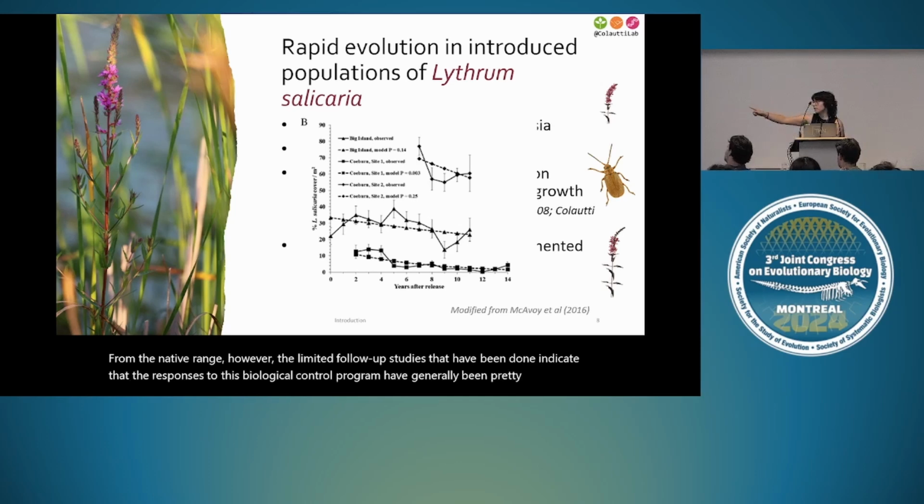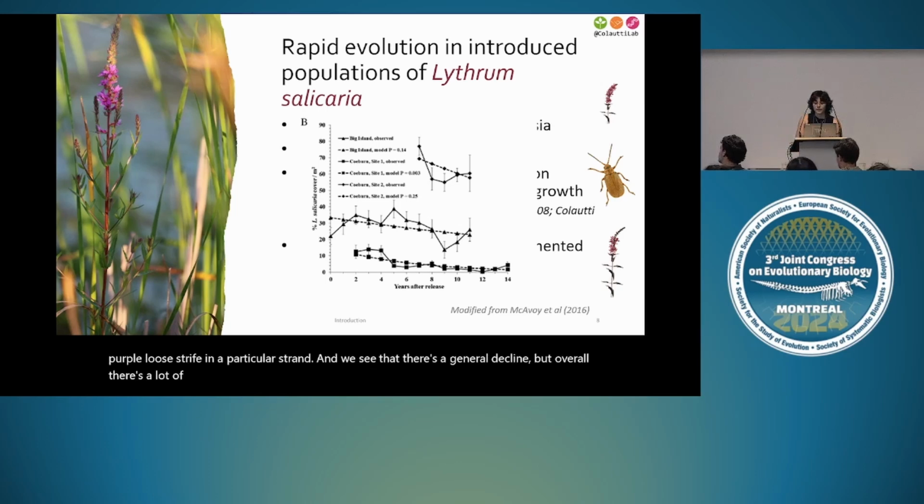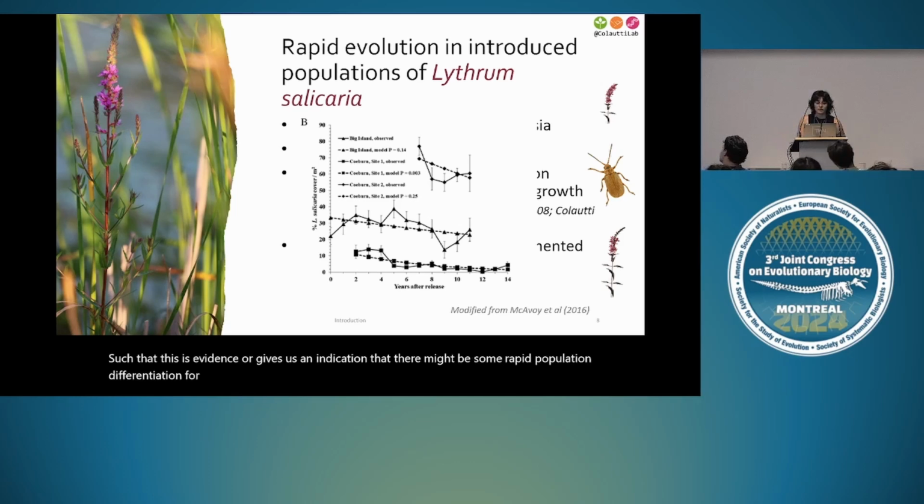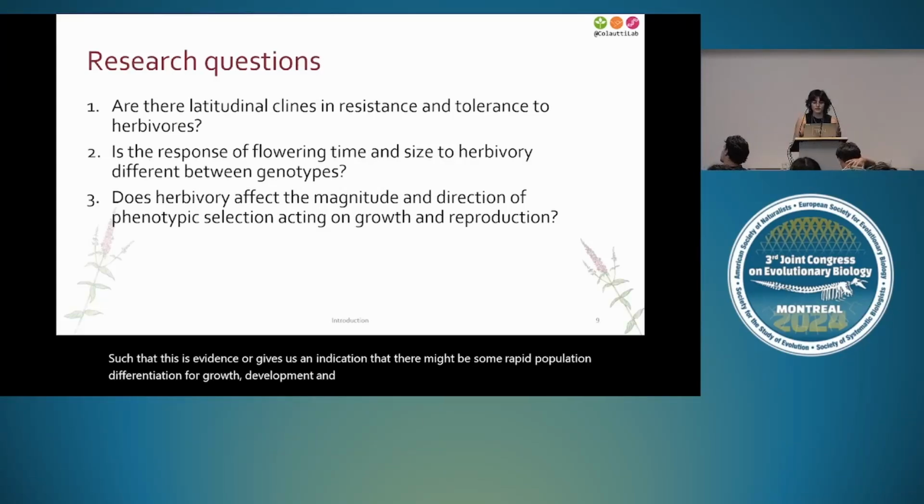In this particular figure, we have years after release on the X and percent cover of purple loosestrife in a particular stand on the Y, and we see that there's a general decline, but overall there's a lot of error, and not as many consistent trends as we might expect.